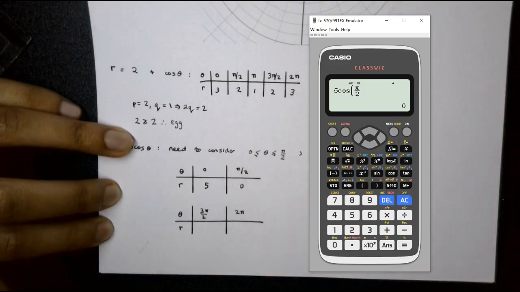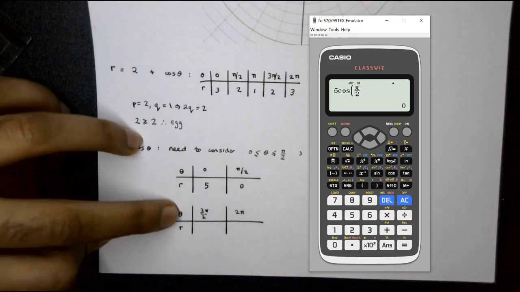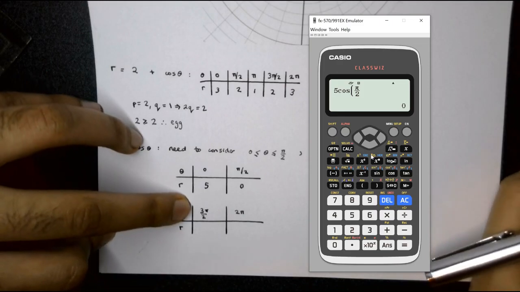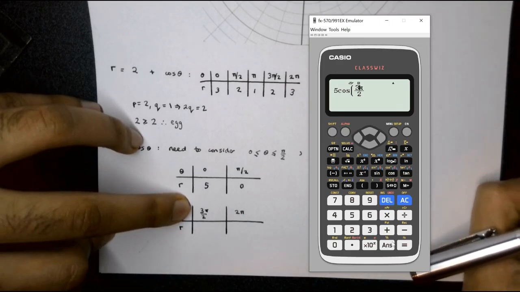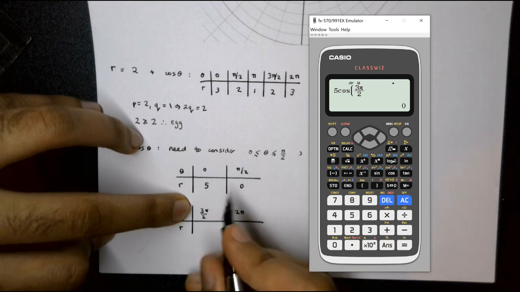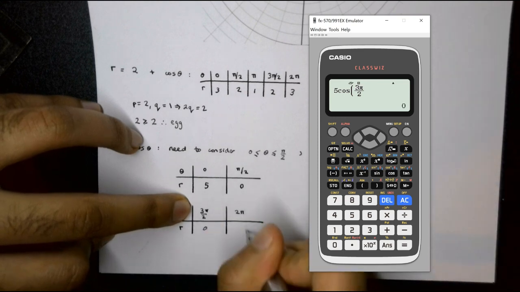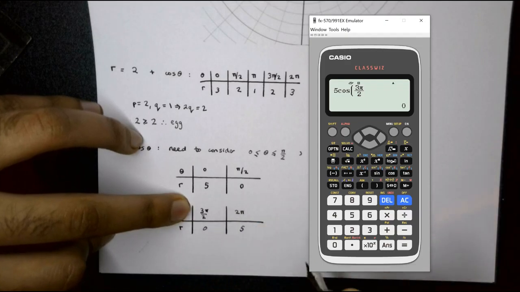Okay. And then for 3 pi over 2, we've got 0, and then it loops back down to 5.